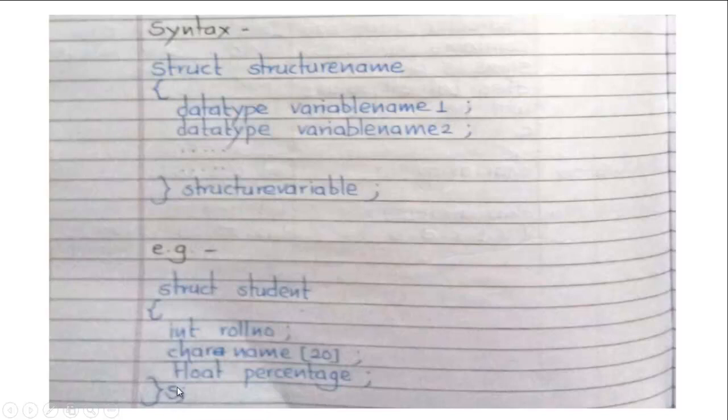It is called a structure variable. So I have declared it as student. The name of the structure is student, so I have written it here. You can create any variable, and then you have to write a semicolon. So this is an example to create a structure for one student.